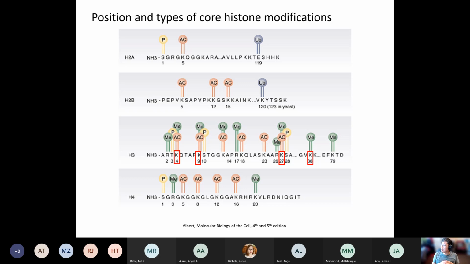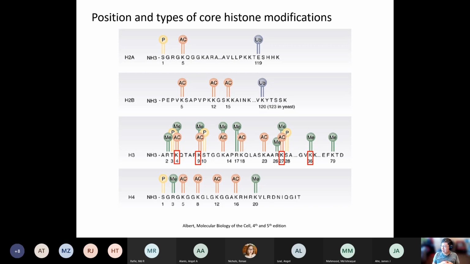So here I show you the four histones again, H2A, H2B, H3, and H4. The basic types of modifications would be phosphorylation, acetylation, ubiquitination, and methylation, as shown on this slide. All the sequences on this slide are the N-terminus.